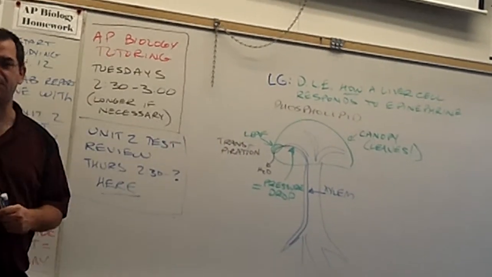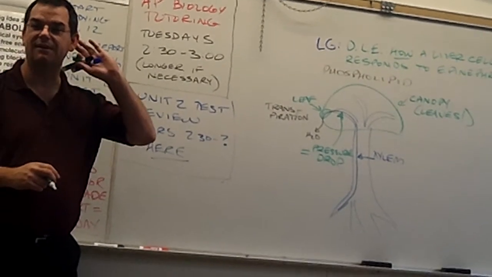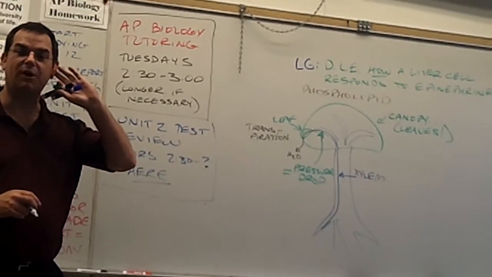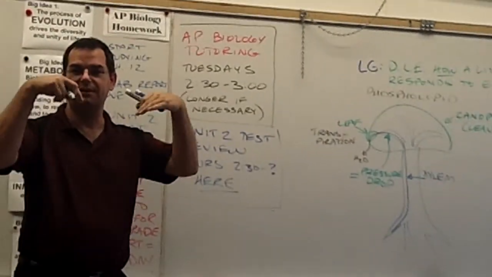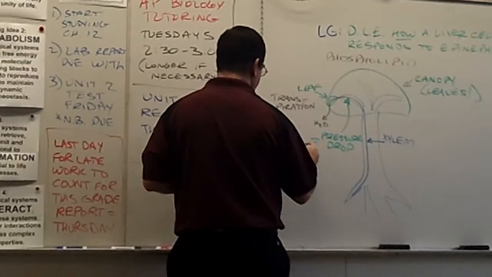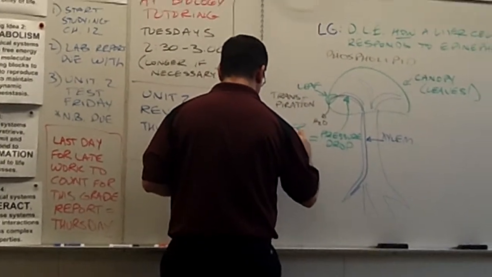If the pressure drops, what happens to the water potential? Water potential and pressure potential go together. They go up together, they go down together. Decreases. Pressure drop equals lower water potential.